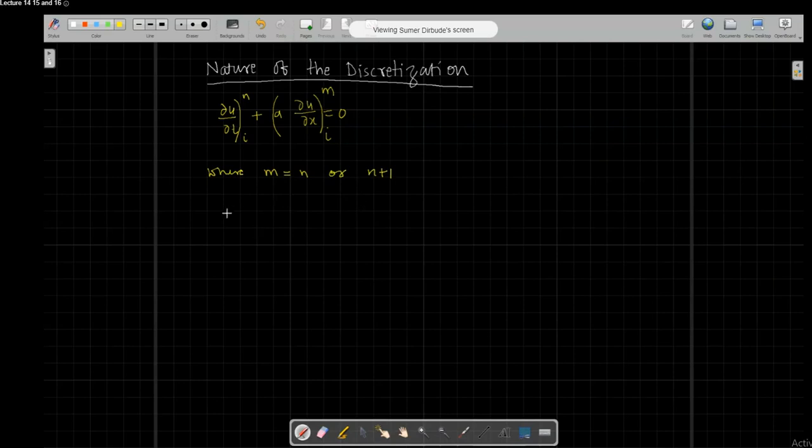Okay. N means present value or known value. It's better to write known value. And n plus 1 is unknown value.